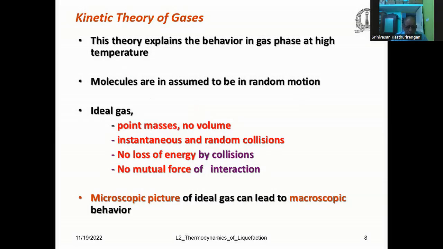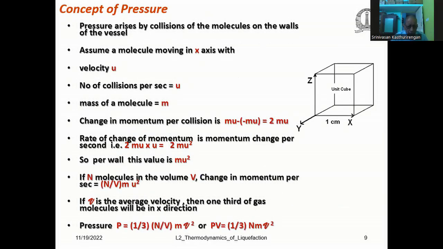The motions are random and instantaneous, and there will be collisions happening between the molecules, but there is no loss of energy by collisions, and there is no mutual force of interaction between the gas molecules. So this microscopic picture of the gas can lead to the macroscopic behavior, and we can try to understand the behavior in the macroscopic condition.